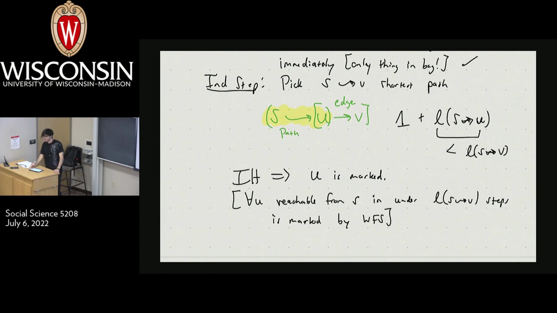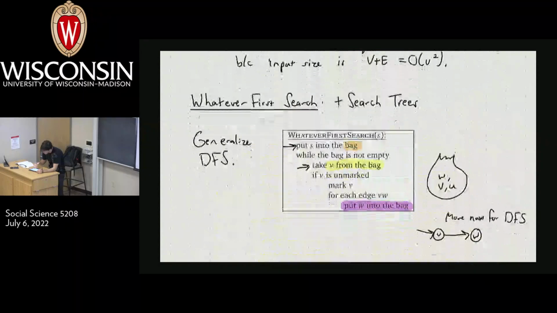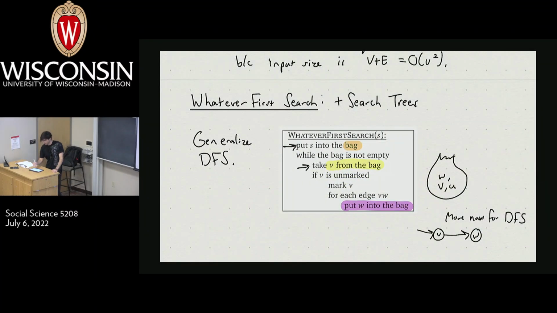That's our induction hypothesis. So we know U is marked. So let's think about what happens when U is eventually taken off the bag. Because U is marked, we know it's put into the bag. That's the only way to mark it, right? We mark it and then we put things in the bag. Or if it's marked, it was already taken from the bag, technically. Either way, we know it was in the bag.